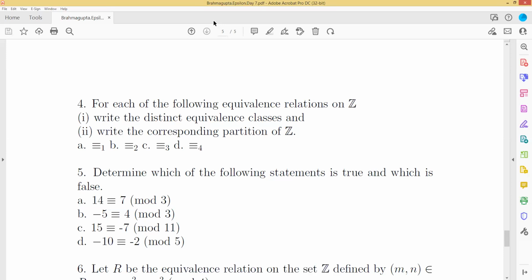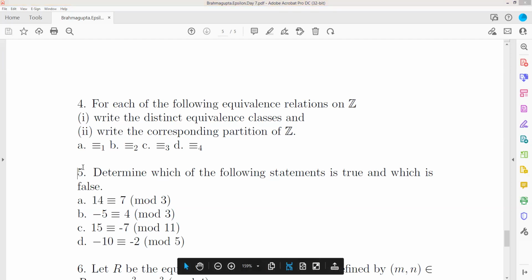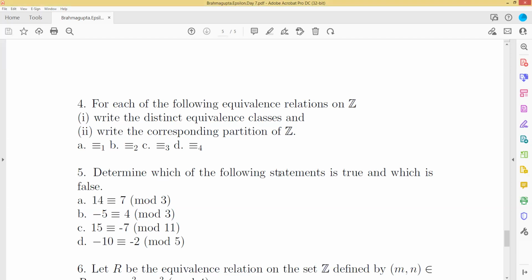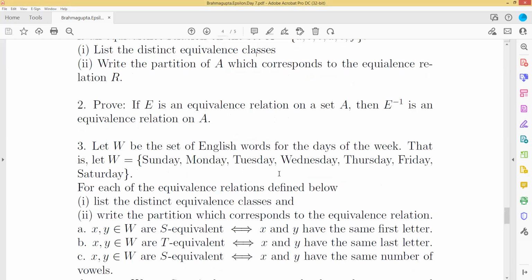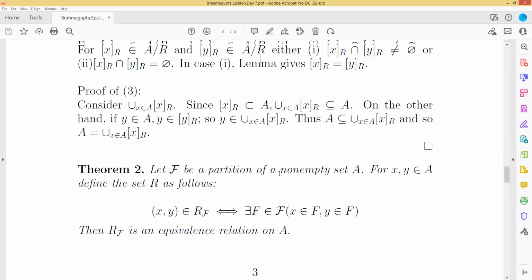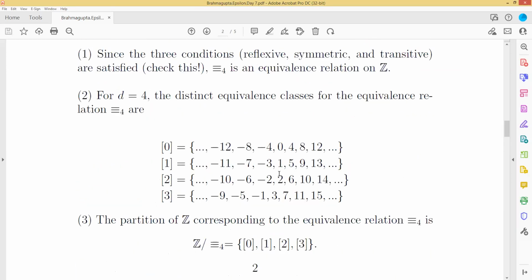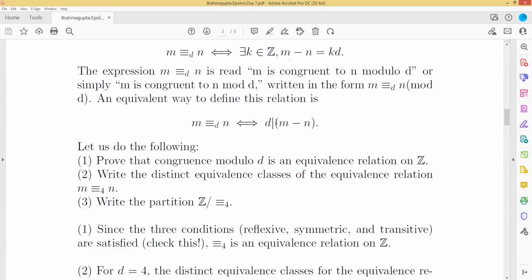Let me see what our definition was. So this is the definition.